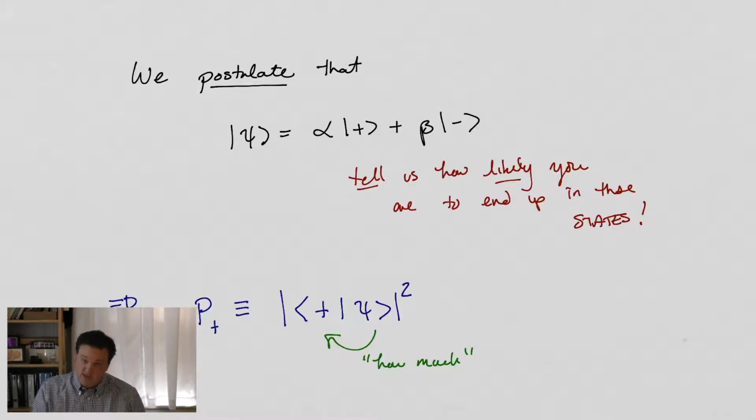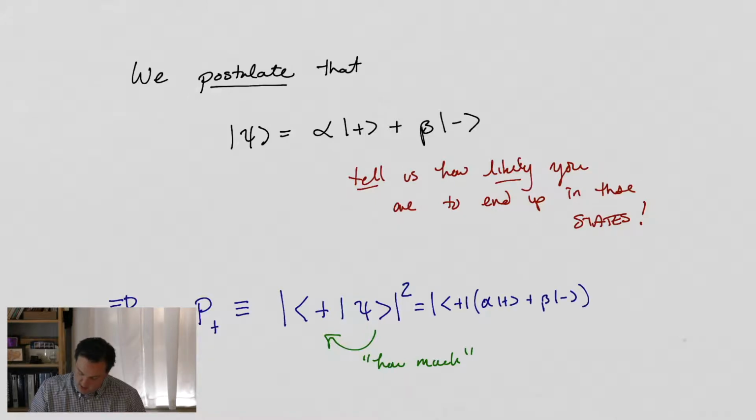So if I have the state above and I try to calculate the probability of measuring plus, well, I would take the dot product of plus with the state, which is alpha plus beta minus.